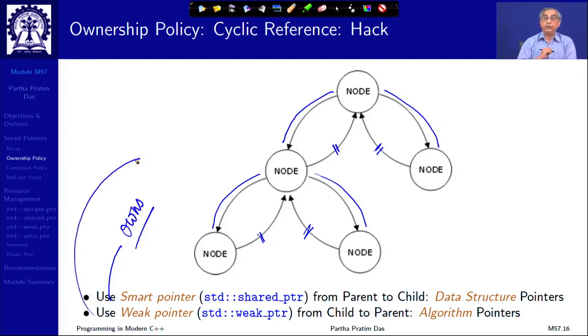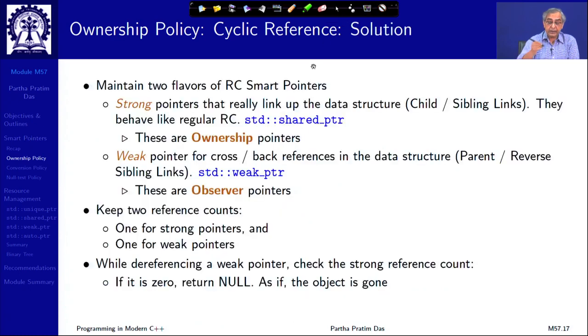The other type we call the weak pointer, which observes: is some smart pointer holding this object or not? But the fact that a weak pointer is pointing to an object is not a restriction for that object to be deleted, whereas if a smart pointer is pointing to it, then that object cannot be deleted. So, this is the simple trick that is introduced.